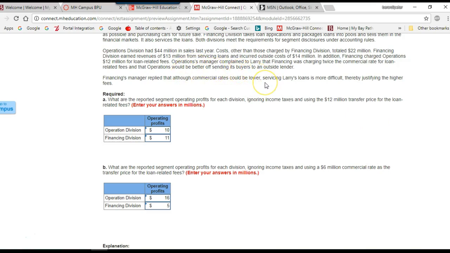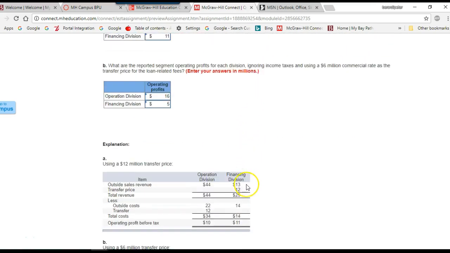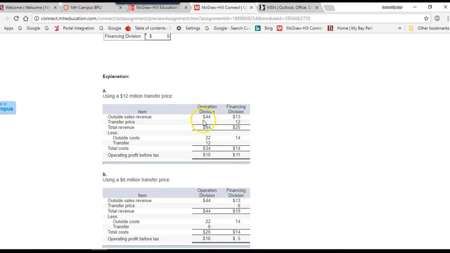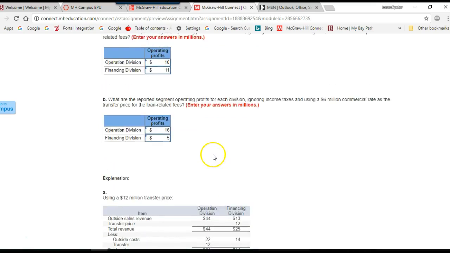Operations manager complained to Larry that financing was charging twice the commercial rate for loan-related fees, and operations would be better off sending its buyers to an outside lender. What are the reported segment operating profits for each division? So here you go. Just plopping in the simple numbers, you get 10 for the operations and 11 for financing.